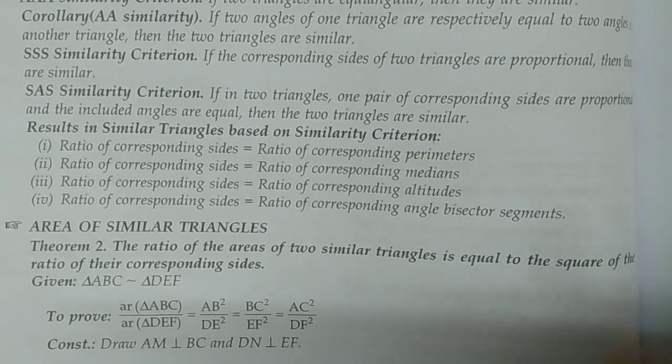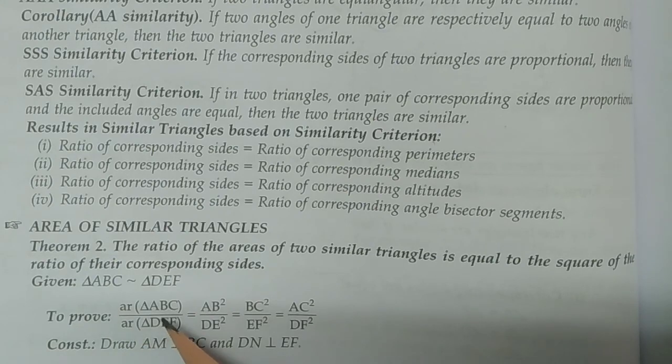Now the next point, area of similar triangles. It's given as theorem 2: the ratio of the areas of two similar triangles is equal to the square of the ratio of their corresponding sides. Given triangle ABC and triangle DEF.